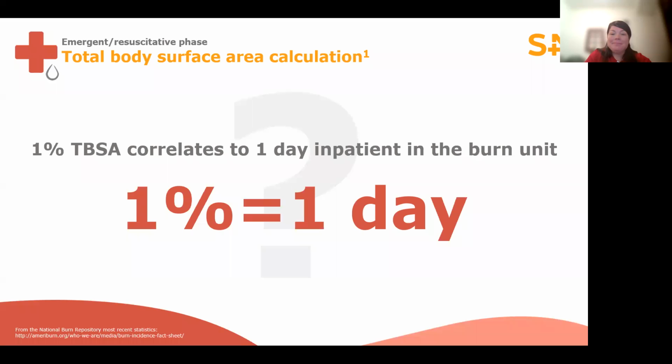So if somebody is a 14% TBSA, then we can average that they're going to be with us for about 14 days. This is not a hard and fast rule, but it's a general rule that we often use in the burn unit itself.